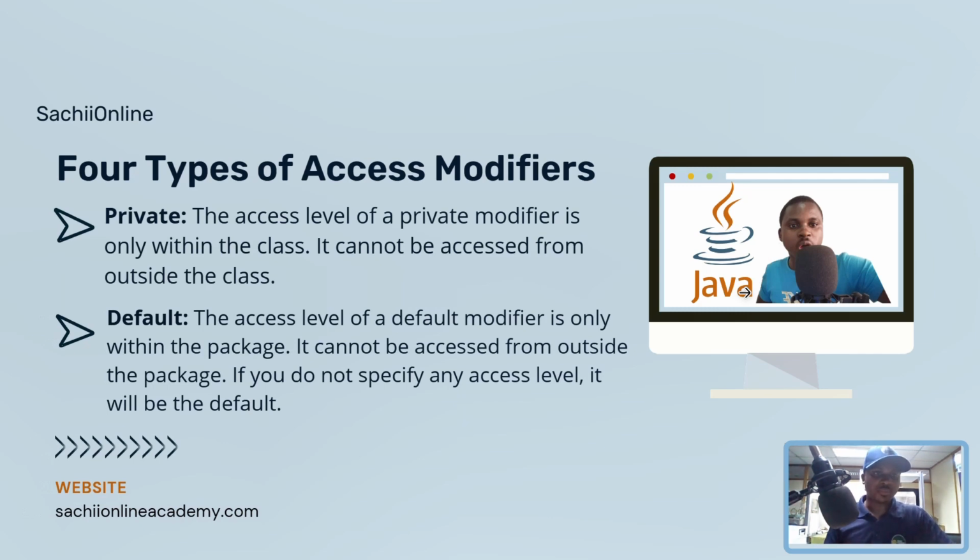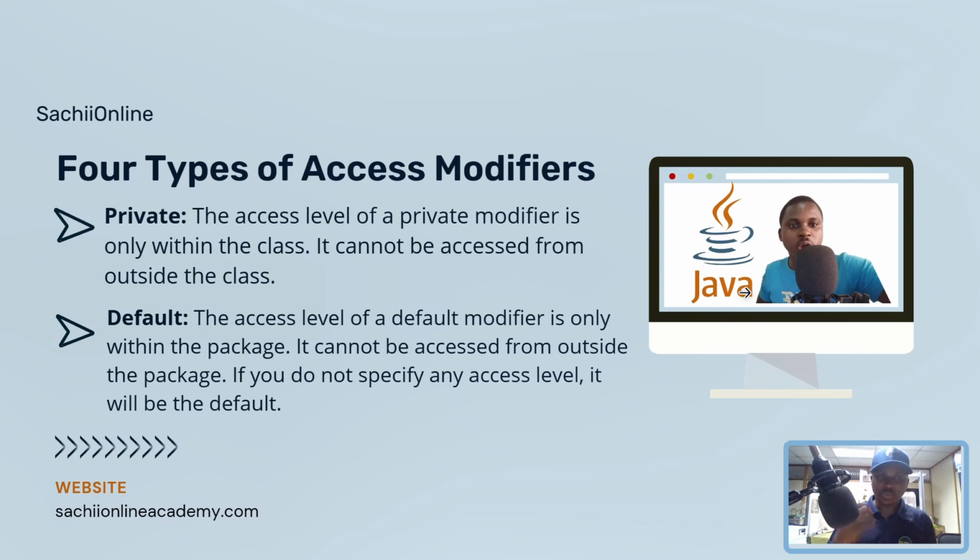So let's talk about the private access modifier. The access level of a private modifier is only within the class. It cannot be accessed from outside the class. Remember, in Java you can have many classes in your program. These classes may want to exchange information, so we want to define which class can access this information. How do you do that? You do that using access modifiers.